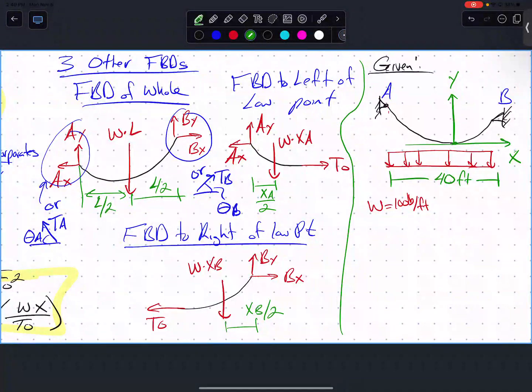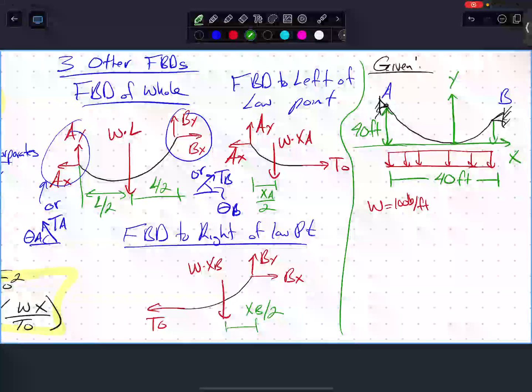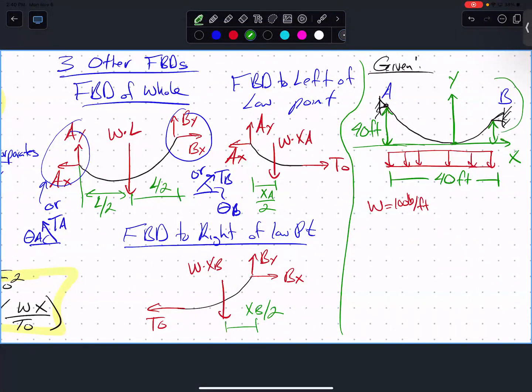The vertical distances are given. The distance over to A is 40 feet, and the distance to B is 20 feet. So they give us those two vertical distances. We do not know, however, XA or XB. Those are both unknown.